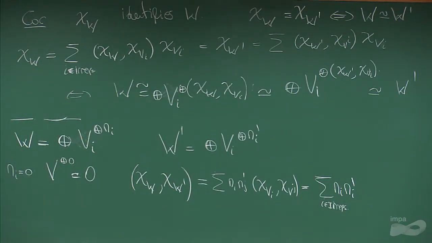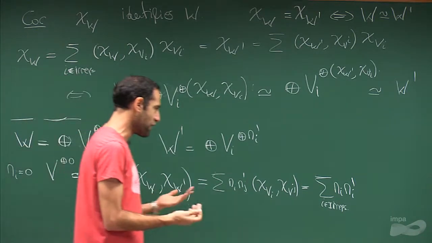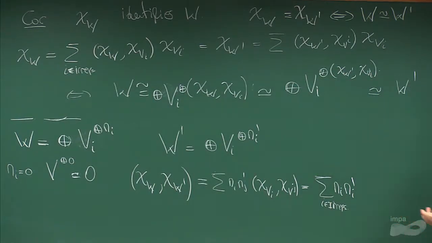In particular, that's an integer number, and this is a very strong statement. I mean, if you have a group, a finite group, acting on two spaces, or even in one space if you want, you can take W to be equal to W prime, and just any action of any finite group by matrices on a space, and these matrices may be complex valued, may be on any field essentially.